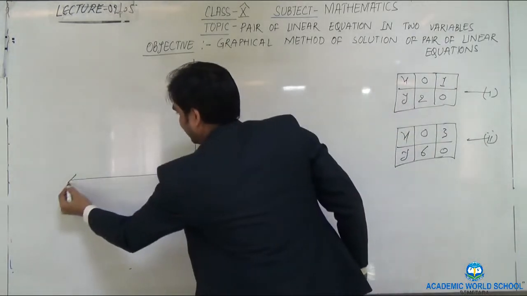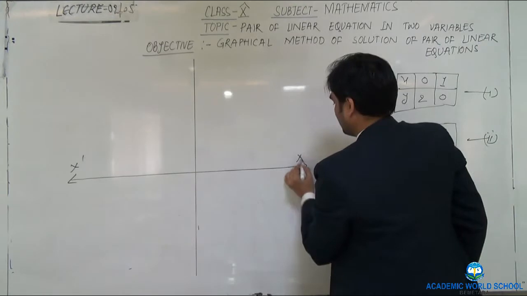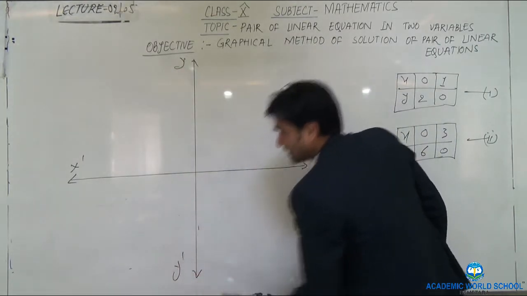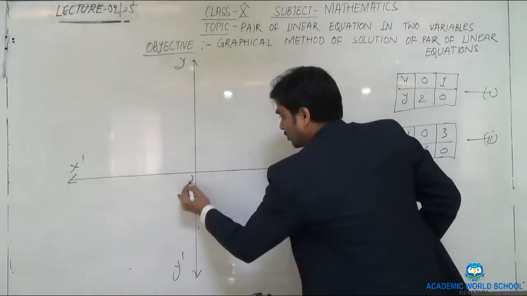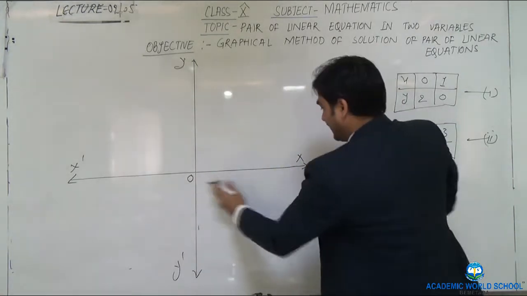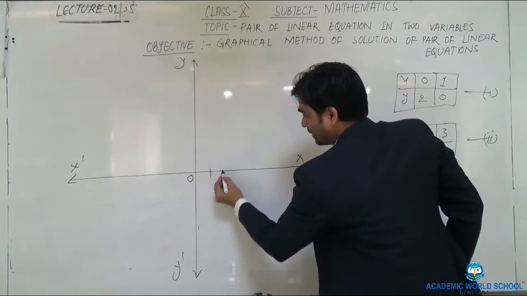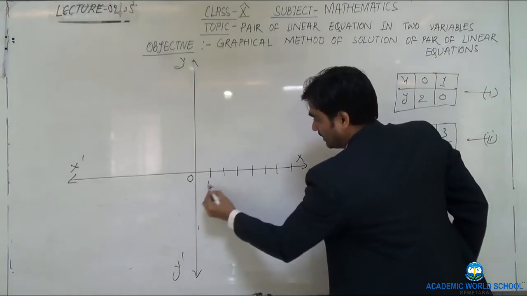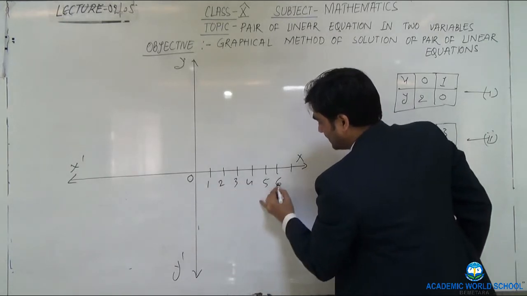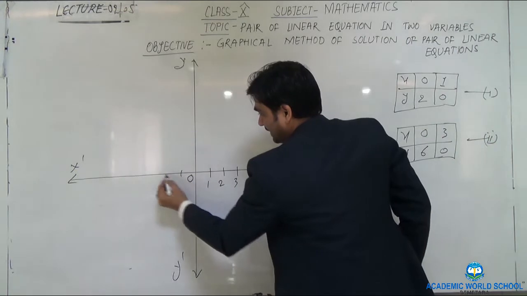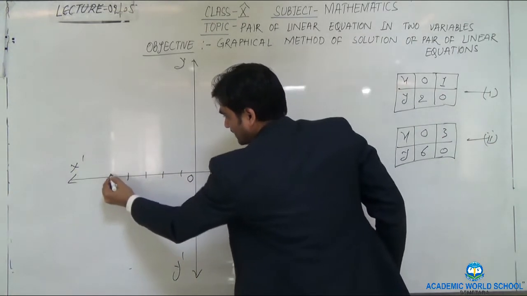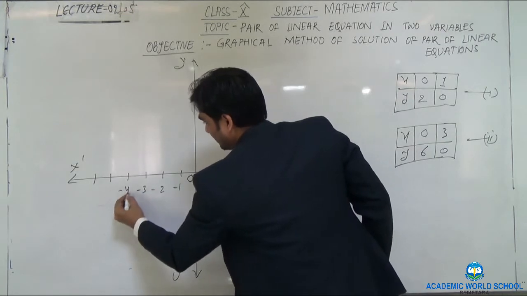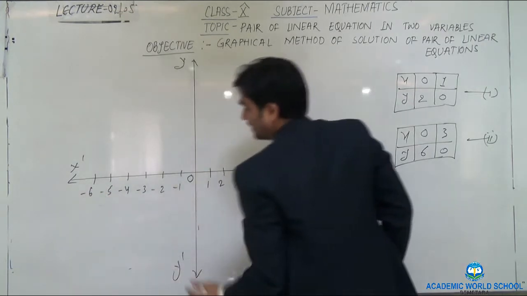Let this be the x and x dash axis, and this is the y and y dash axis. This is the origin O, and on the right side the positive numbers 1, 2, 3, 4, 5, 6, 7. Similarly, if you move to the left side, all these values are negative: -1, -2, -3, -4, -5, -6.